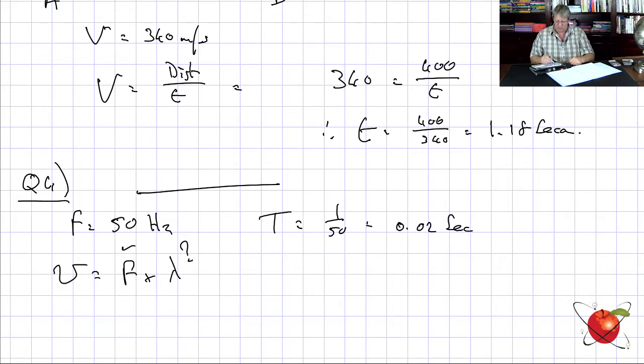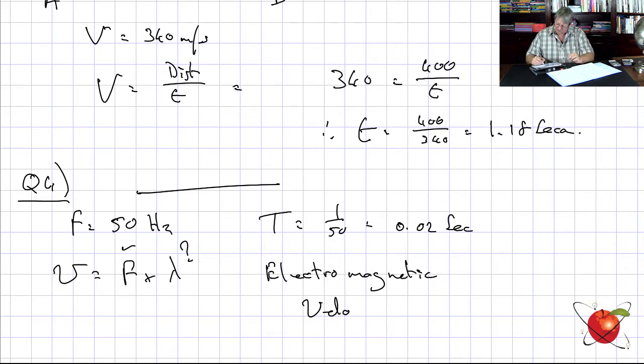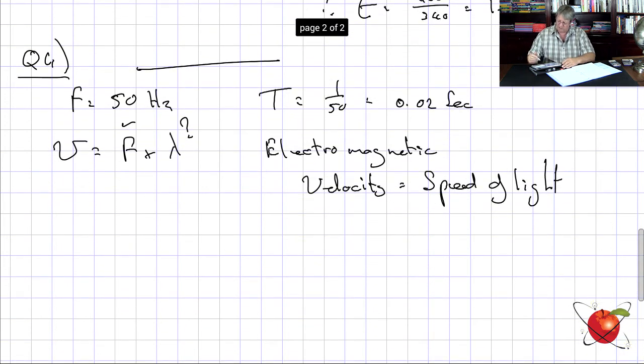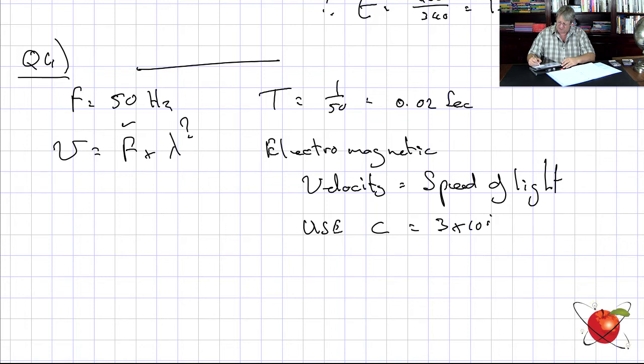So what do we do? Remember, this is electromagnetic, is it not? If it's electromagnetic, we know that the velocity is equal to the speed of light. Therefore, we basically use C, which is 3 times 10 to the power of 8 meters per second.